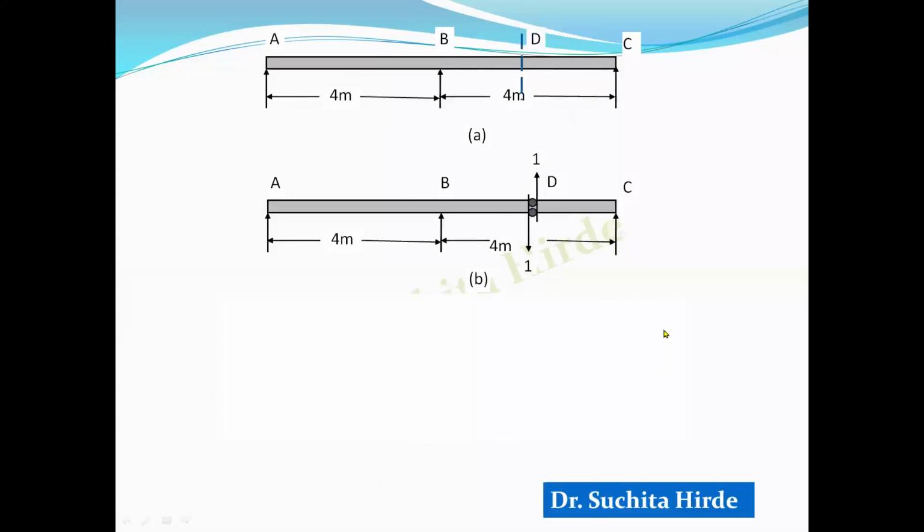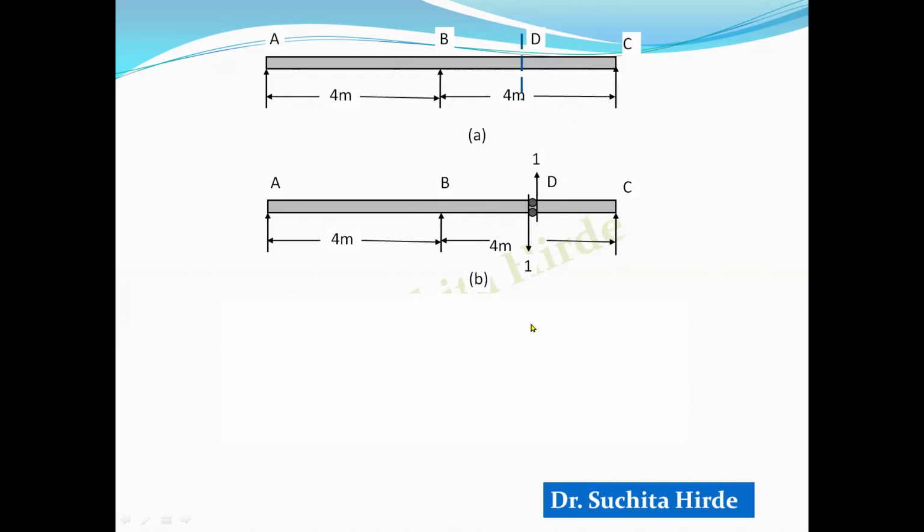You know that conjugate beam is an imaginary beam which is loaded with the M by EI diagram of the original beam. Therefore, we are interested in drawing the bending moment diagram for this beam. So let us see how to draw the bending moment diagram for this case, because the bending moment of this beam will be loading on the conjugate beam.